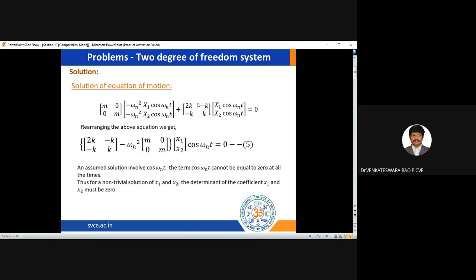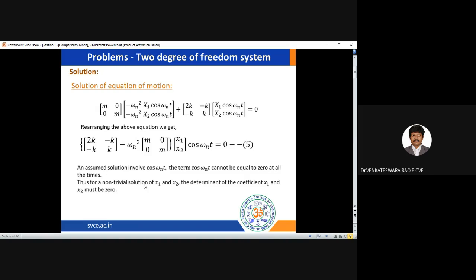Practically, it has to vibrate. To vibrate, definitely we have to have that cos function. If the cos function becomes 0, the entire displacement is going to become 0, so that is not possible practically. Therefore, the only possibility is that the multiplication of the other factor could be 0 for a non-trivial solution.